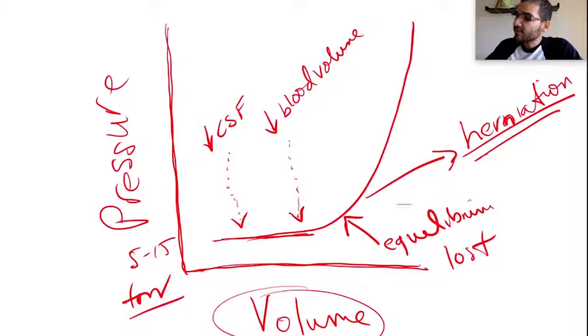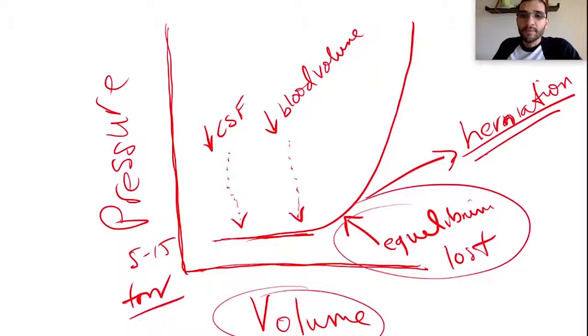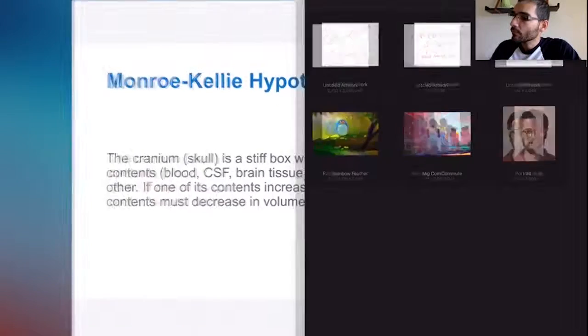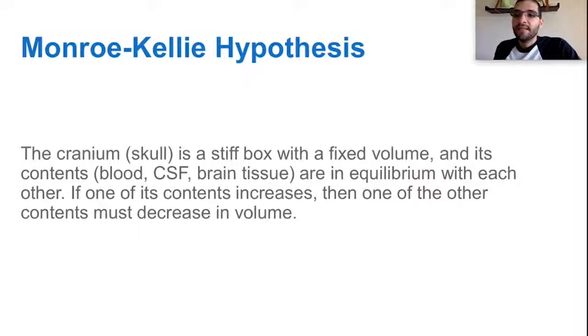But finally, at some point, equilibrium gets lost and the pressure just skyrockets. And that's when you are at increased risk of herniation. That is what we basically call an emergency, and you have to do something about it. Otherwise, you will herniate based on one of the patterns that we've described previously. Okay, that is the Monroe-Kellie hypothesis.